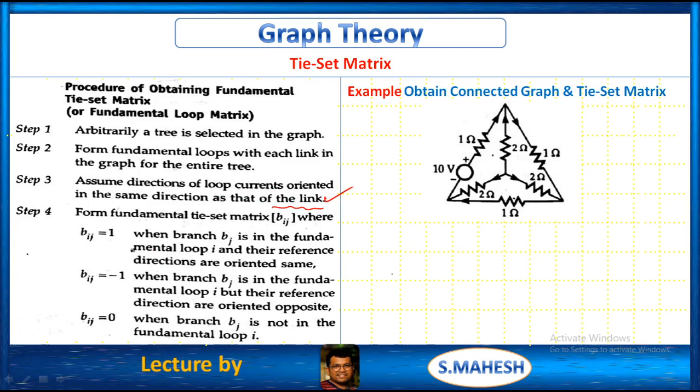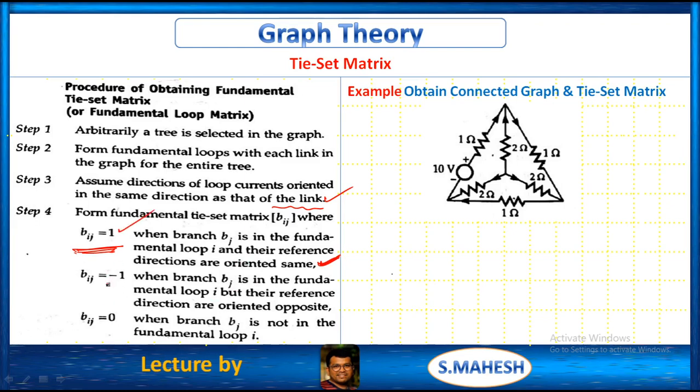So when we are having that matrix, let us say B_ij, B_ij is equal to 1 when branch j is in the fundamental loop and their reference directions are oriented the same. So when the directions of the loop as well as the link direction are the same, we are having plus 1.